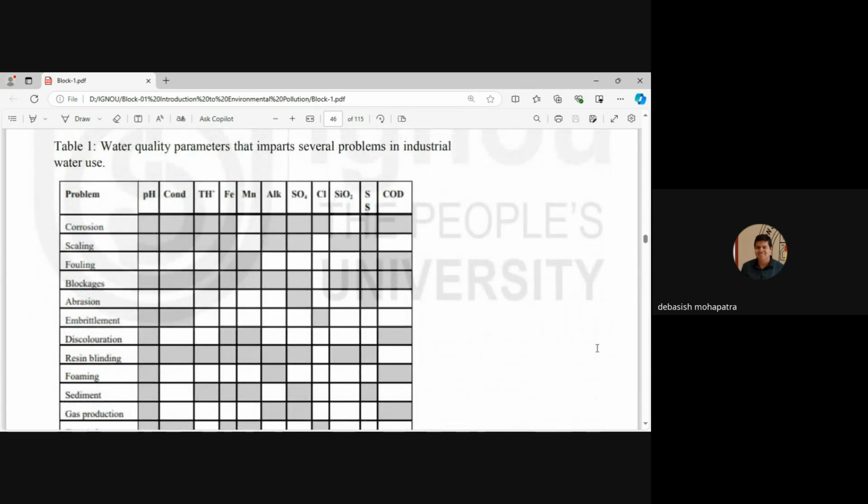So these are the conditions where there are problems.